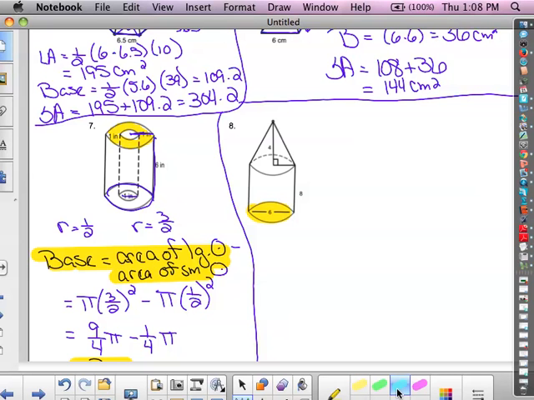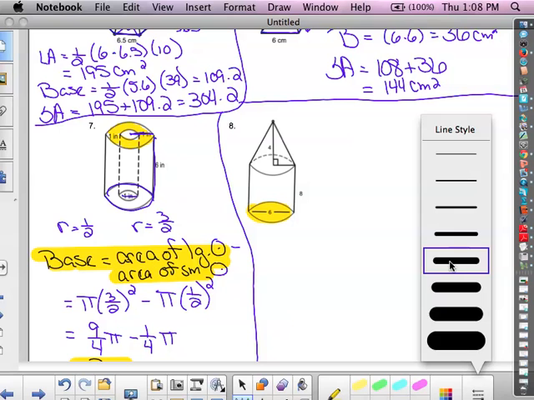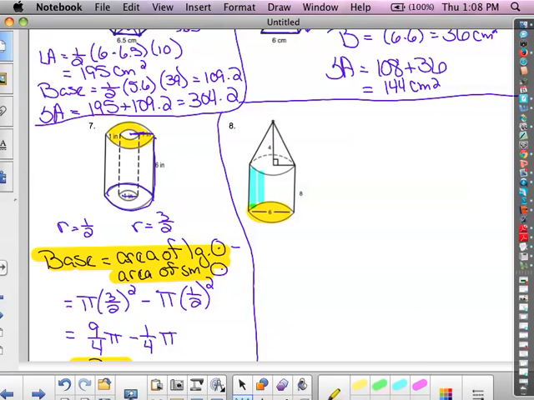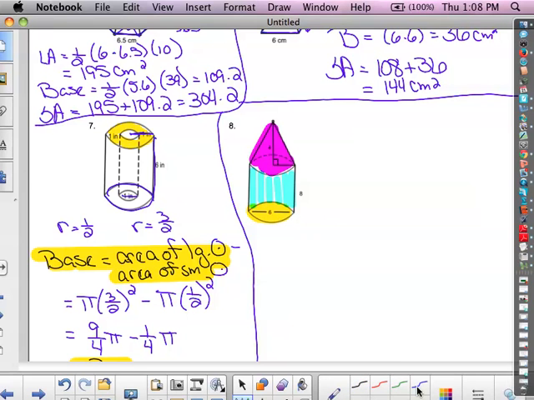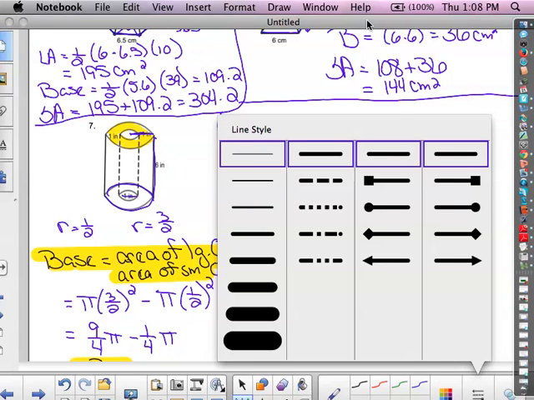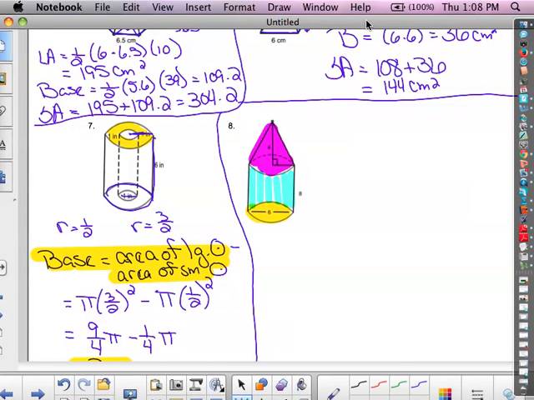Then you will have the lateral area of the cylinder, and then you will have the lateral area of the cone. Not another base on top, because the cone sits directly on top of the cylinder. You can only touch one of those bases, so you're only going to include one of those bases.